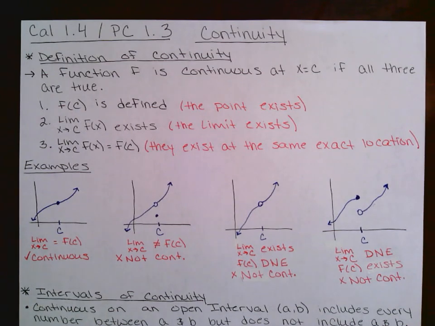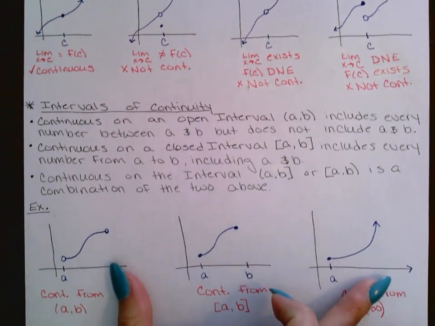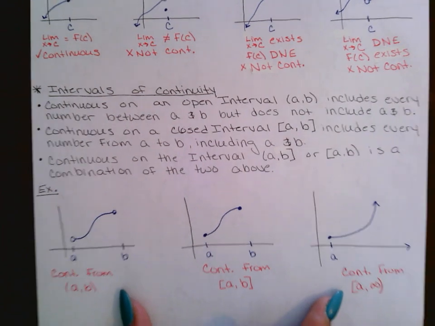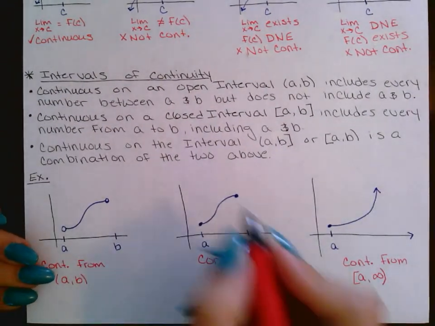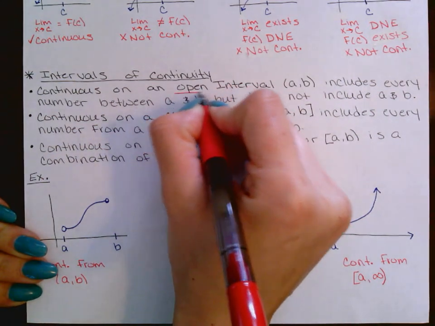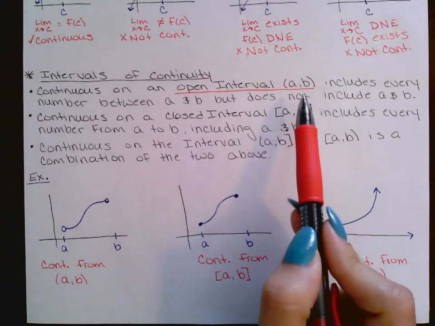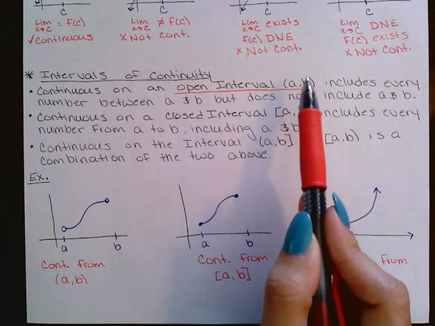Now, when I start asking you questions about the intervals of continuity, there are about three different ways that we can say this. Let's look at these images. So first, I can tell you that it is continuous on an open interval from a to b, and a and b would be numbers, like let's say from 2 to 7, and open intervals are written with parentheses.